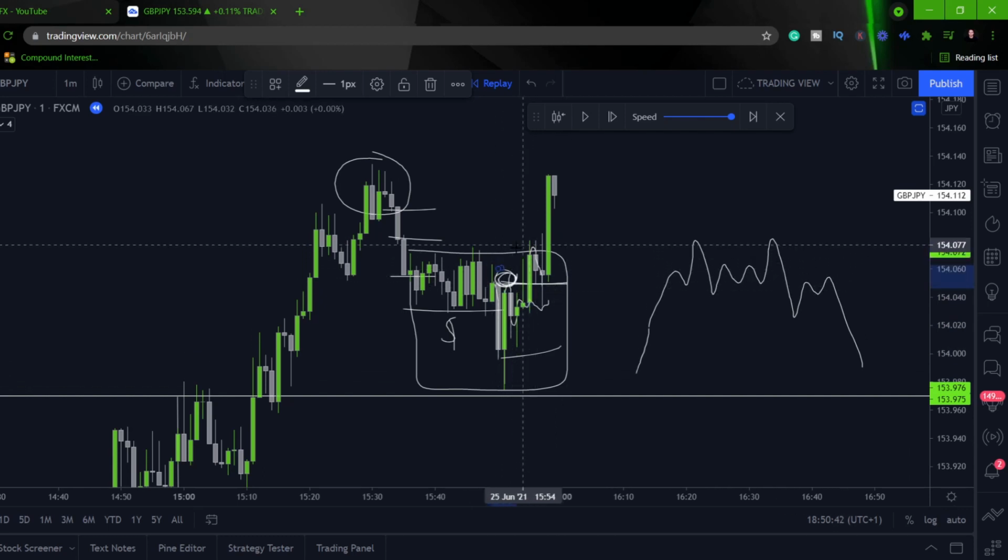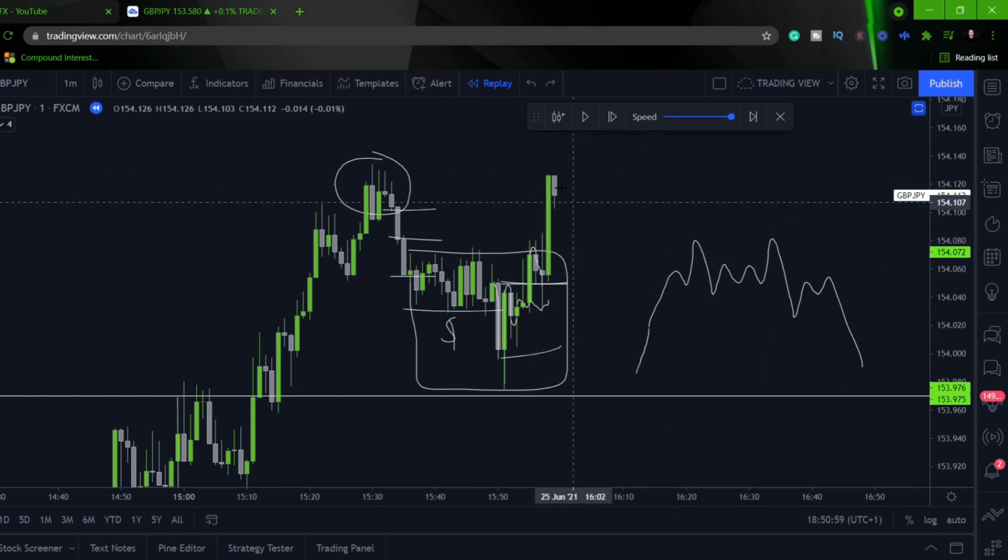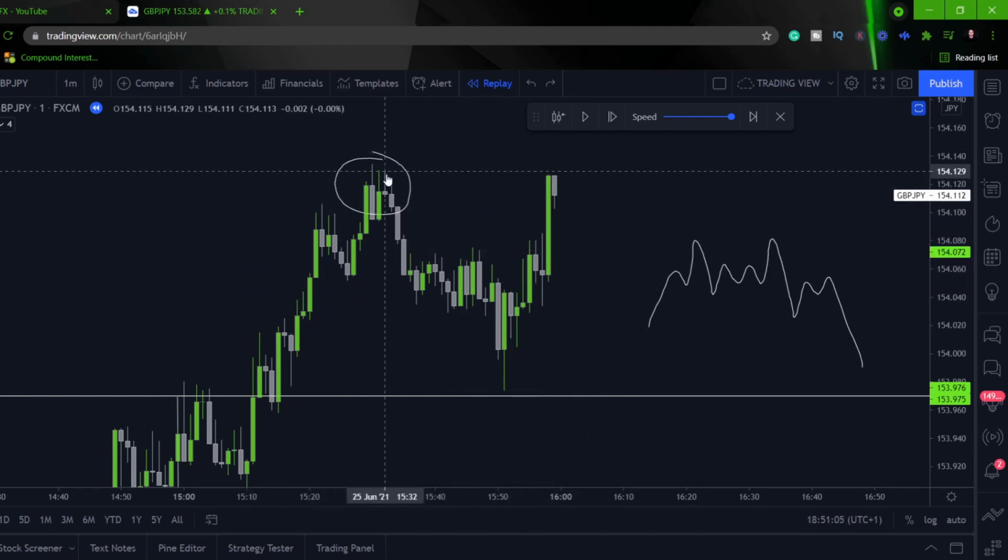If you're familiar with Wyckoff, we get a break above the structure, a push down into our last point of support, and then bang, an impulsive move. Not necessarily a really big impulsive move, but in comparison to the previous price action. That's what you have to line it up with. In comparison to previous price action, generally you'll get quite an impulsive move.